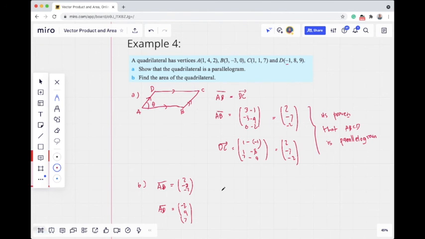To find the angle, cos theta, we use the dot product. Cos theta is AB dot AD over the magnitude of AB times the magnitude of AD.